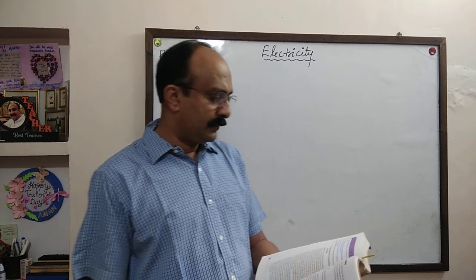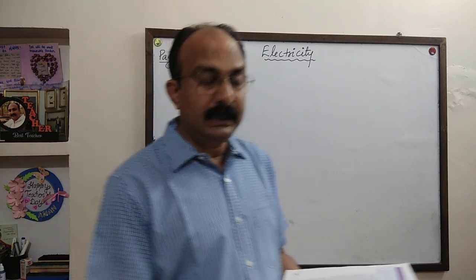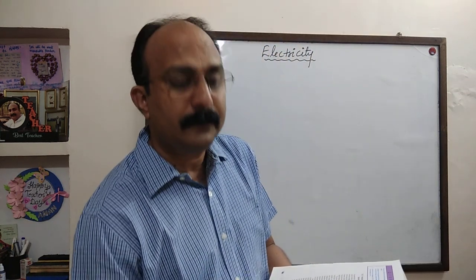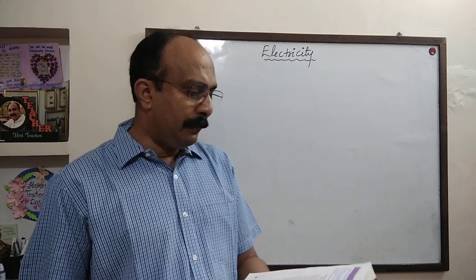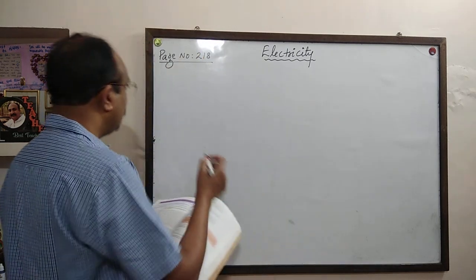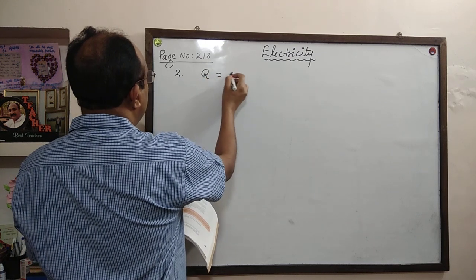Question number 2. Compute the heat generated while transferring 96,000 coulomb of charge in 1 hour through a potential difference of 50 volt. What is given? Q is equal to 96,000 coulomb, quantity of charge transferred.